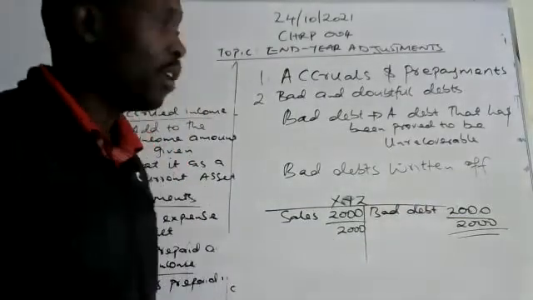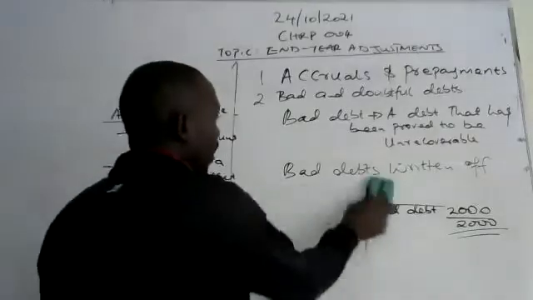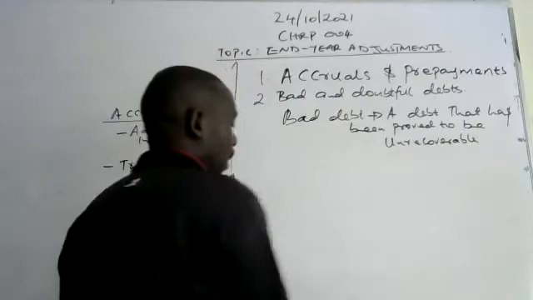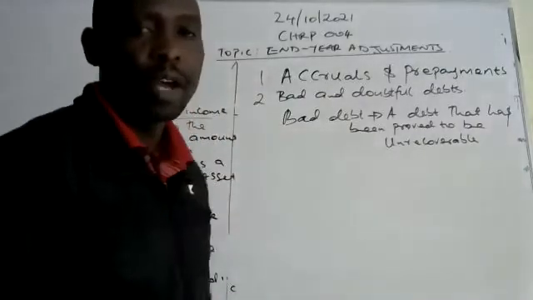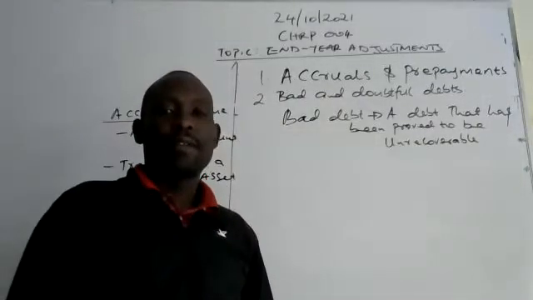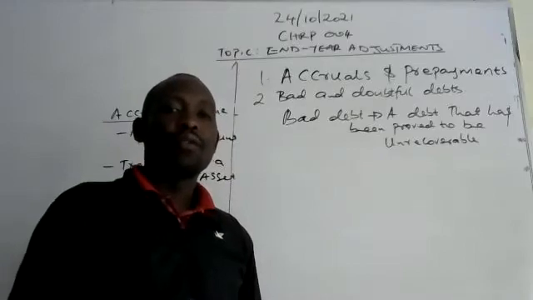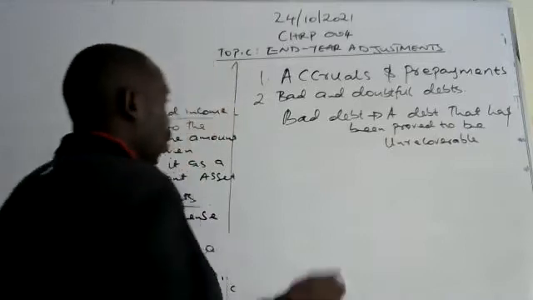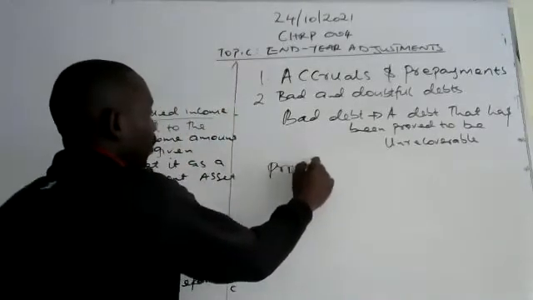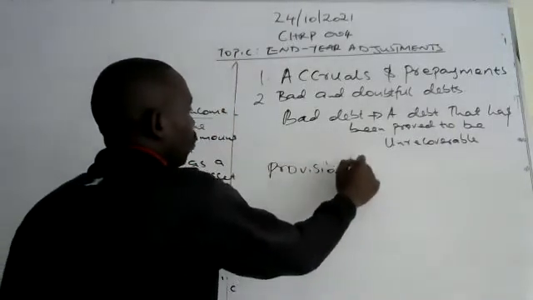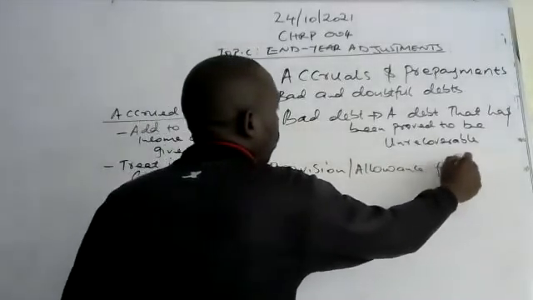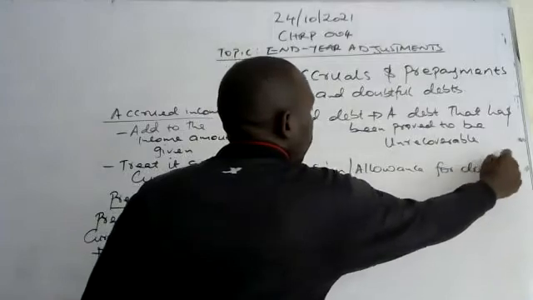Then on the other side, if the business has been operational for quite a long period of time, you can gain experience that a certain amount of money is normally not recovered from the debtors. What we normally call provision, also known as allowance for doubtful debts.